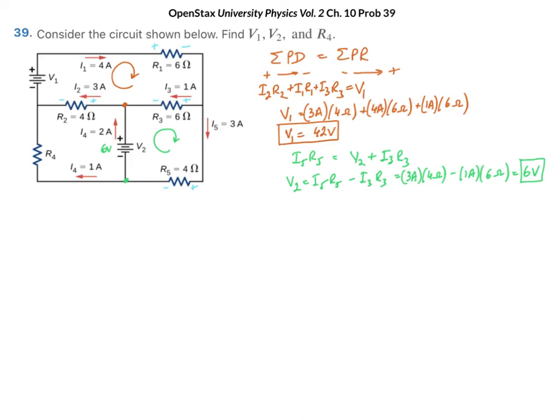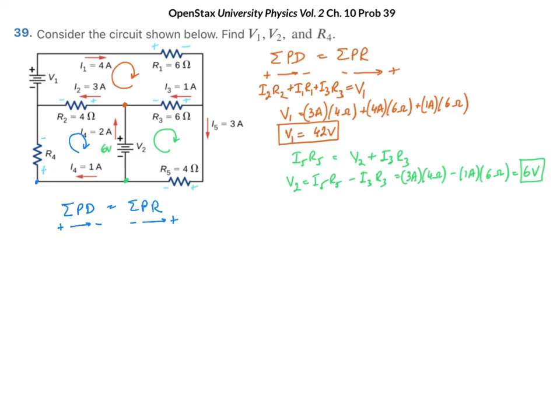So the bottom is plus, the top is minus, and everything else is labeled. So I will have to go around a loop, and I will go again clockwise, and I will start at this point. So I'll rewrite down here sum of the potential drops equals sum of the potential rises. Again, a drop is from plus to minus, a rise is from minus to plus.